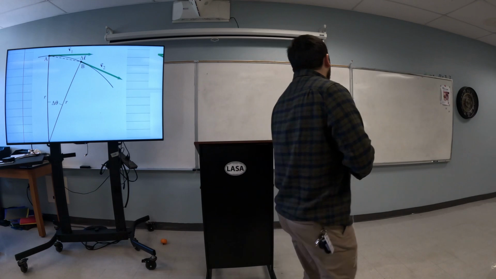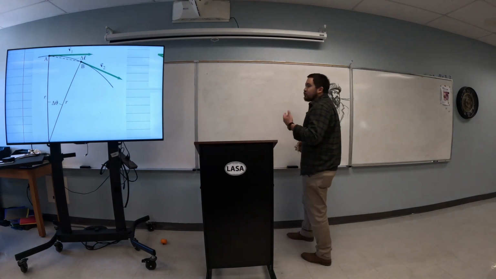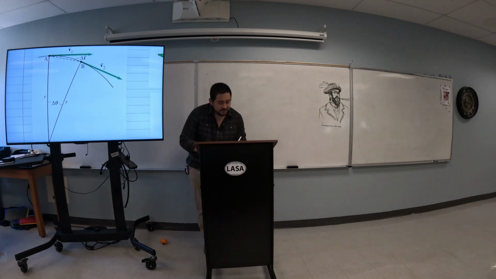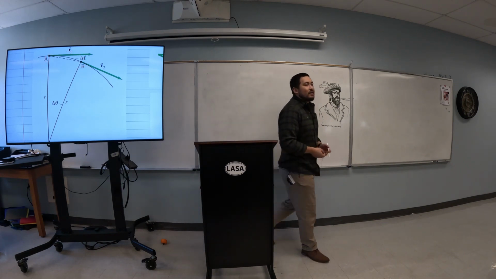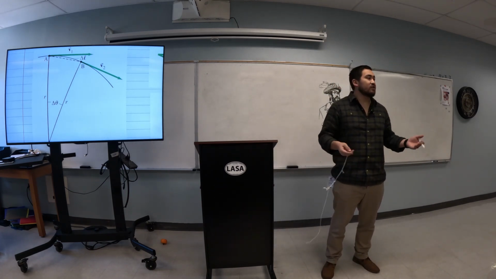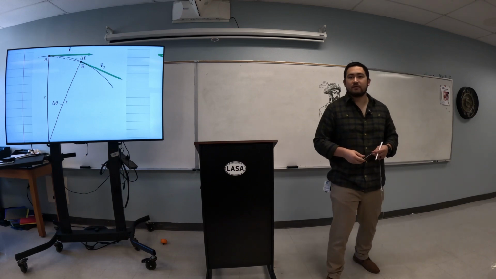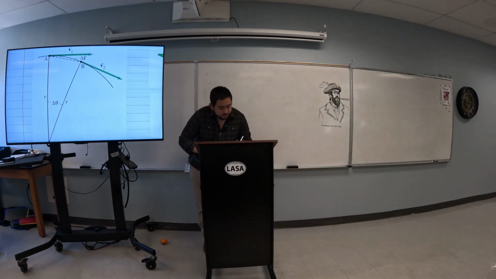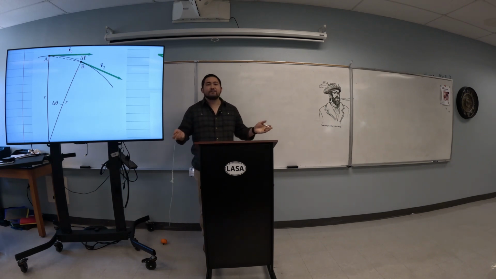And so what I'm going to try to remind you of here is that over the course of this space, the ball is accelerating in some direction, which is what's causing the direction of the velocity to change. Do you agree with that statement? Okay, so over this period, there is some average acceleration.